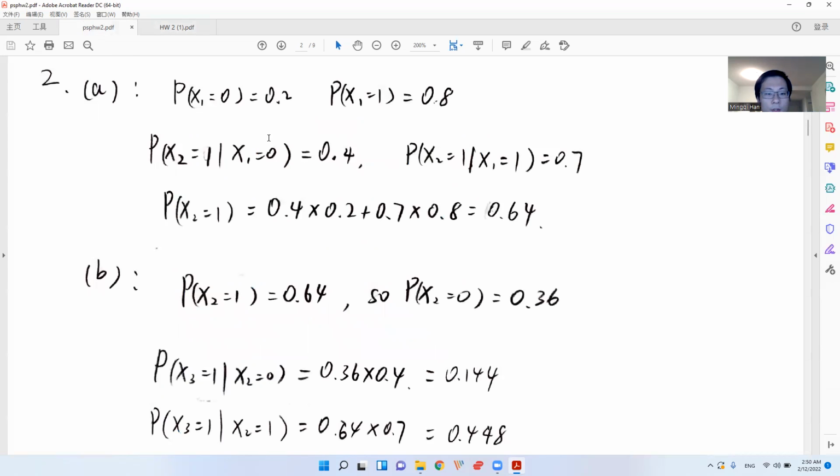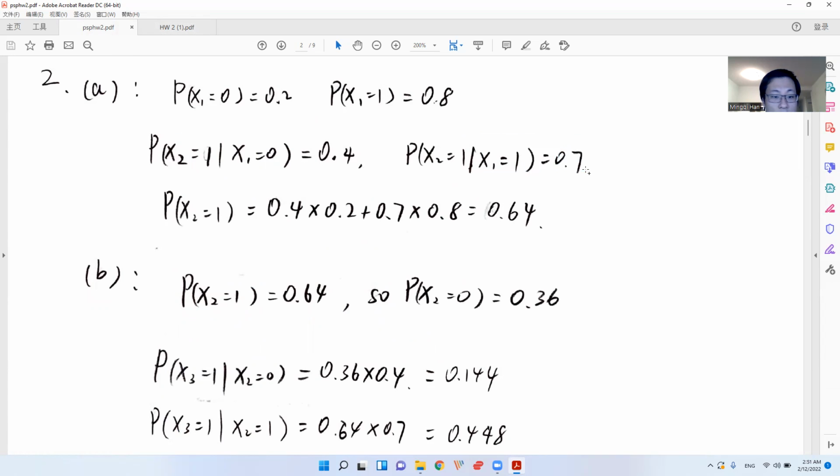So here's my solution. I have listed the initial input, and what I really need to do is to find the probability that given input is 0, output is 1, and given input is 1, output is 1.